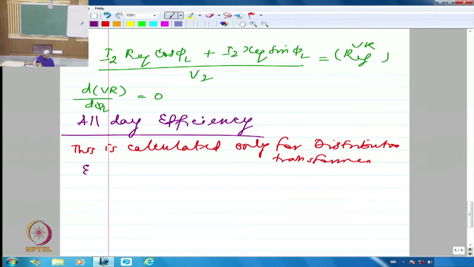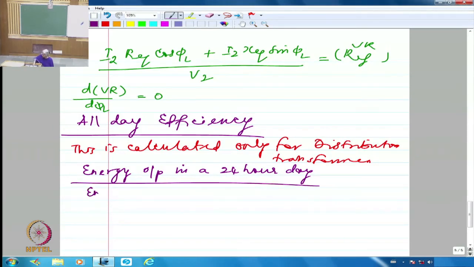So, it is essentially energy output in a 24-hour day divided by energy input in a 24-hour day. This is the all day efficiency.